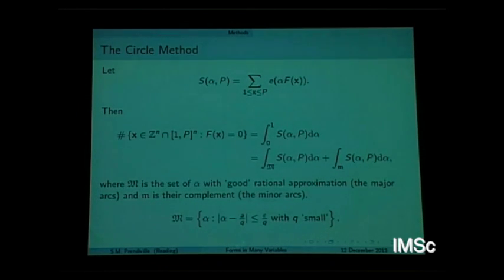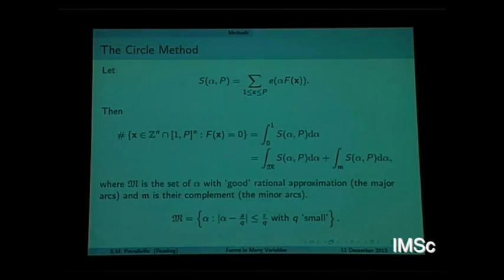So you decompose the integral into an integral over the major arcs, that's capital M. You can think of those as real numbers which have a good rational approximation. And then the minor arcs, little m, that's just the complement of the major arcs.